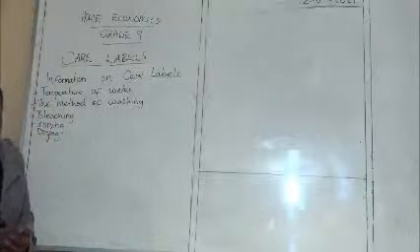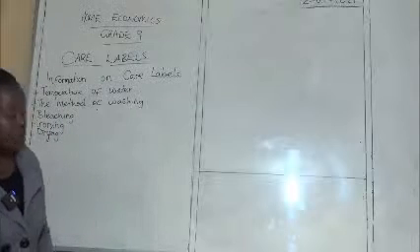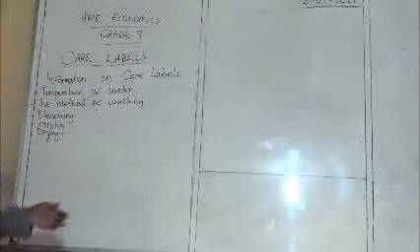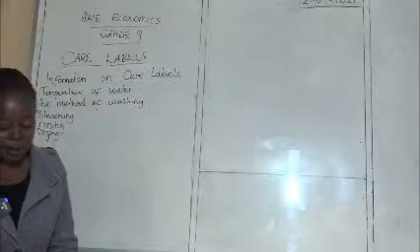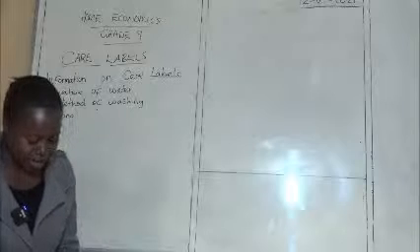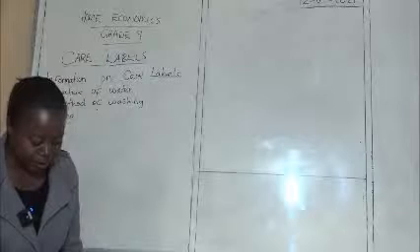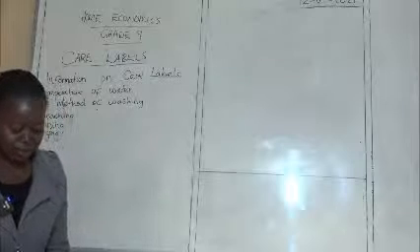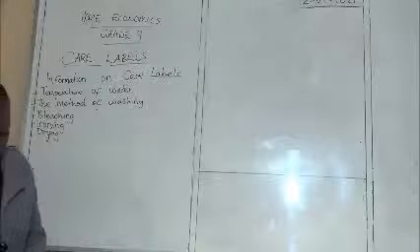Because you cannot write all these sentences on the same piece of paper on the neckline. Why? So symbols are used to provide the information. Some of the information on care labels is the temperature of water, so there'll be a symbol that will show us the temperature of water.